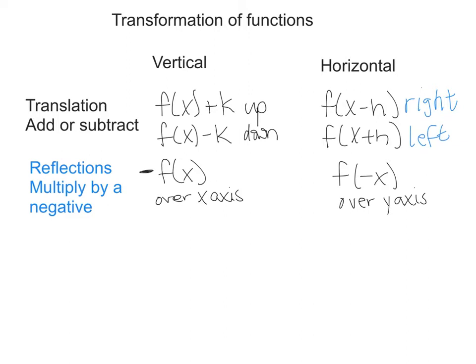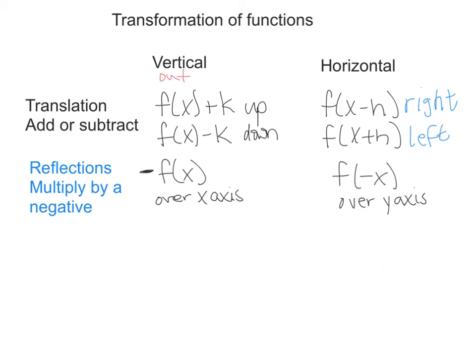So are we noticing a pattern of where we worked in order to get a vertical translation? Worked on the outside. We're working on the outside, right? We're adding or subtracting on the outside. We're multiplying on the outside. That gave us a vertical translation. So let's add that under vertical.